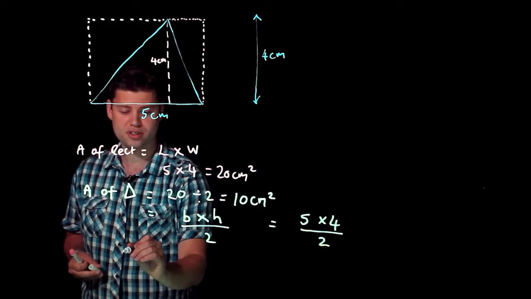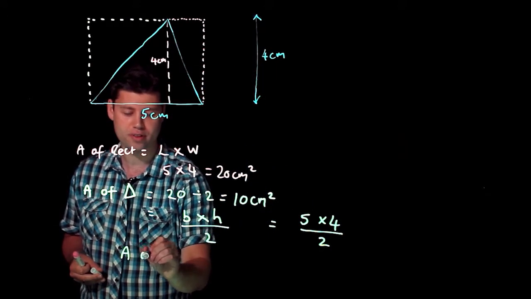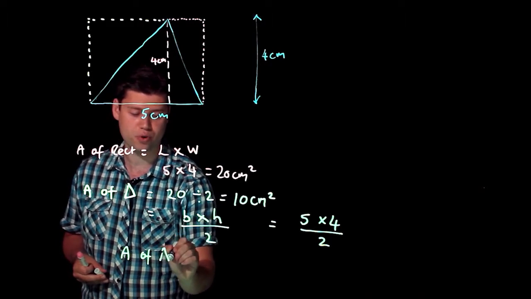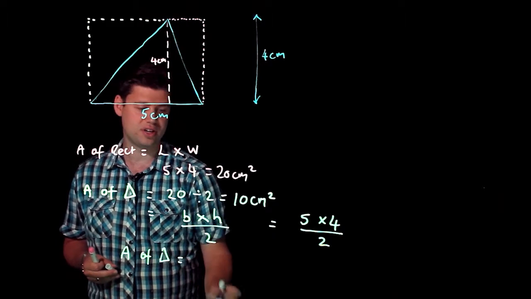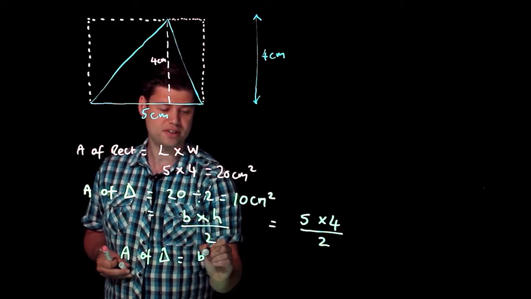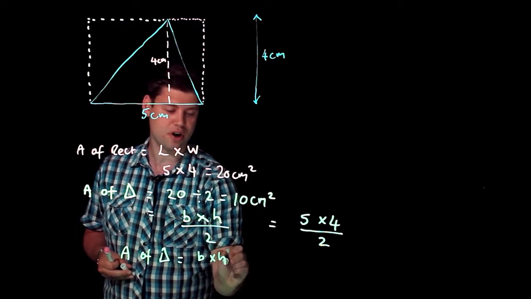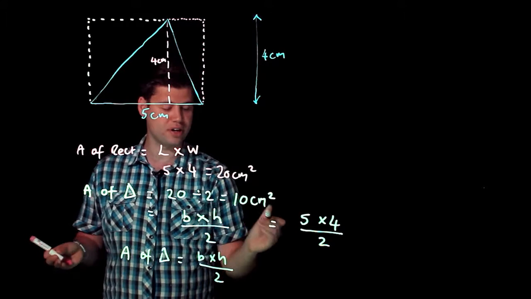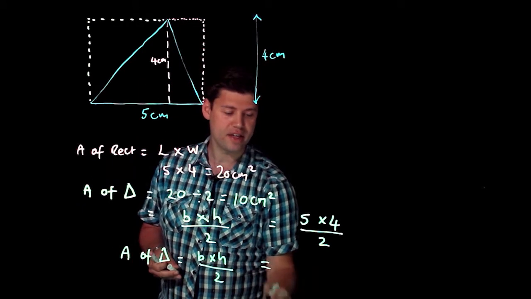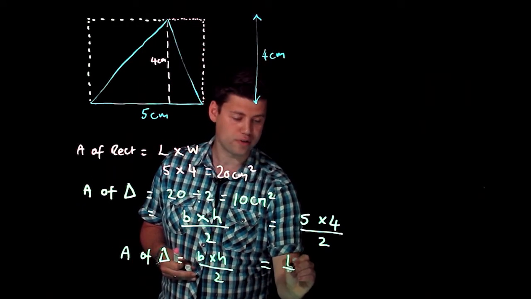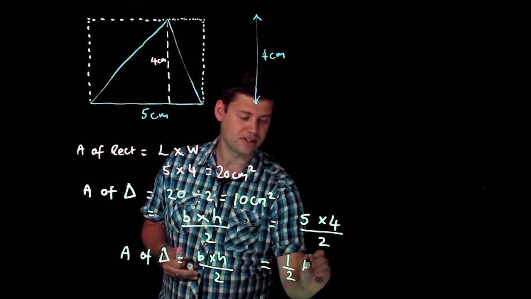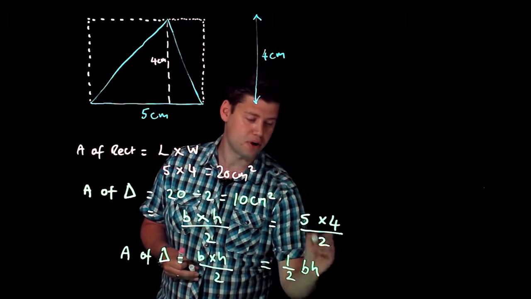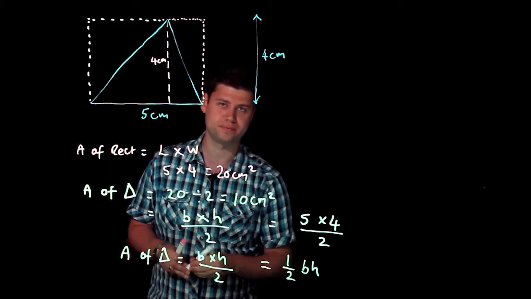So in other words, that leaves us with a formula for the area of the triangle, which is base times by height over 2, or to put it a slightly neater way, it's half of base times by the height.